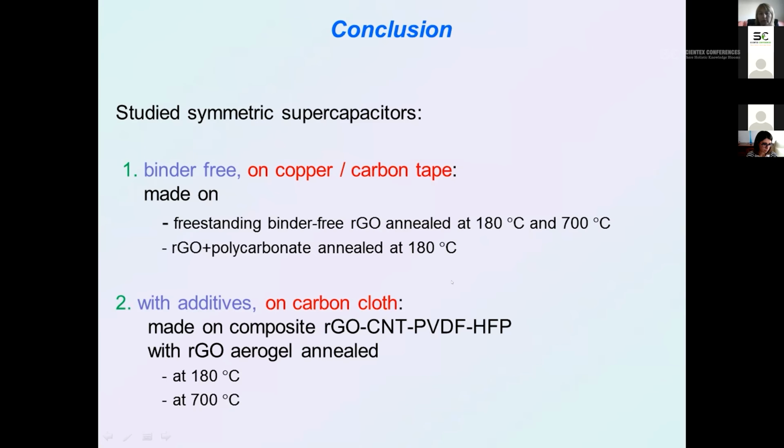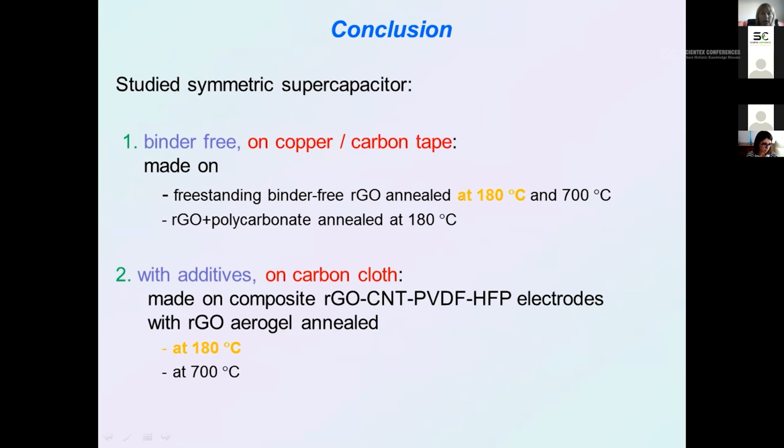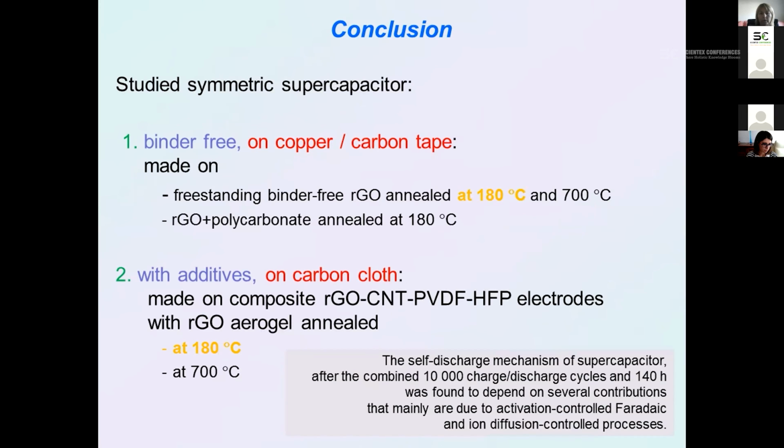In both cases, electrodes with materials annealed at lower temperature shown us better properties. Moreover, when we use electrodes on carbon cloth with additives like carbon nanotubes as spacer, we can use our device long time without significant losses.